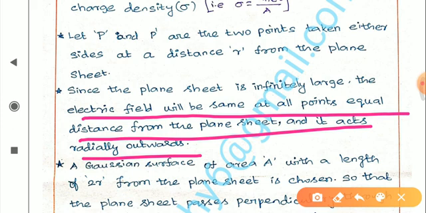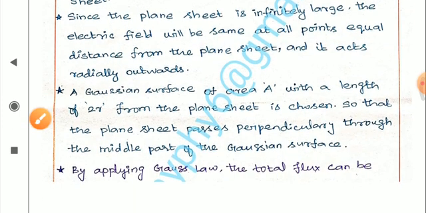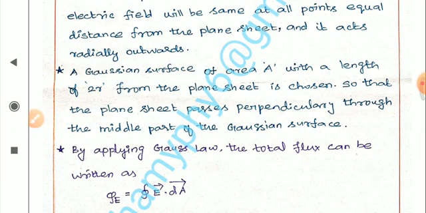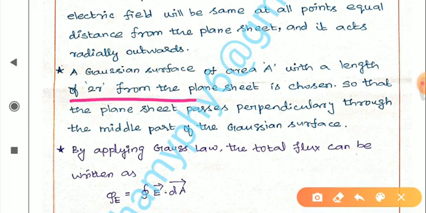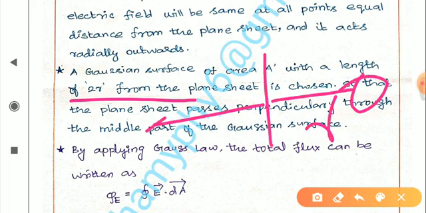That means we are considering the 2 points P and P dash on either side of the sheet, so the electric field also will be the same at P and P dash, since they are at the same distance. Okay, then the Gaussian surface A with the length of 2r from the plane sheet is chosen. So 2r chosen means we are choosing the surface on either side. From the right hand side we are considering a distance of r, and from the left hand side we are considering the point P dash, which is also at a distance of r. So the total distance is equal to 2r.